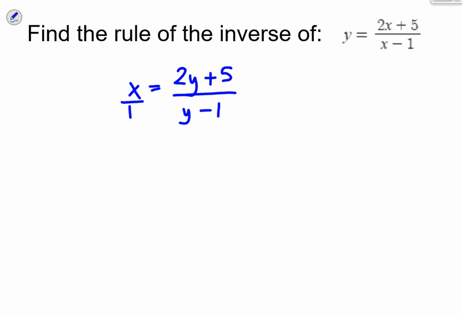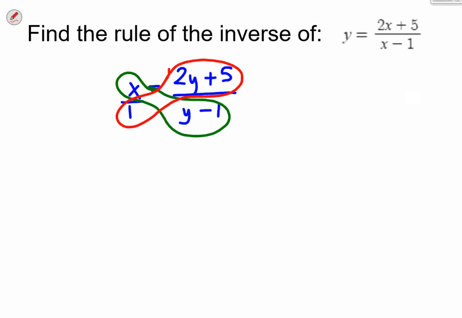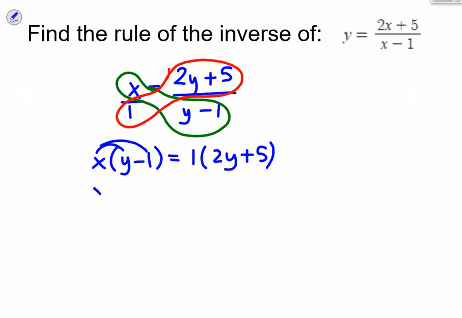Now, remember the easiest way to solve this is this times this equals this times this. So let's do it that way. So I would have x times y minus 1 is equal to 1 times 2y plus 5. So remember, if you have a bracket, you need to distribute. So xy minus x is equal to 2y plus 5.